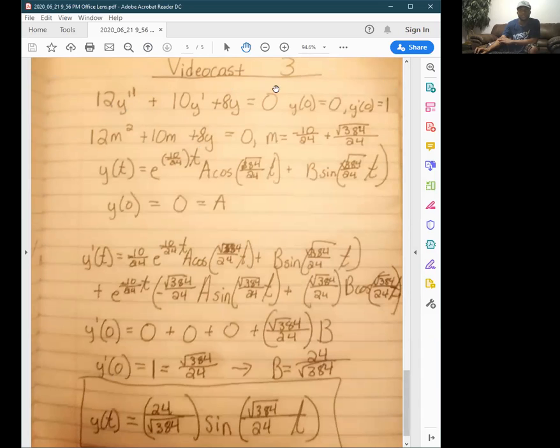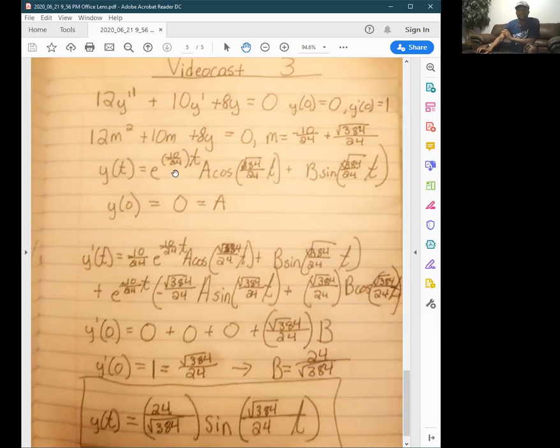These are our initial conditions. So we take that down to 12m squared plus 10m plus 8 equals 0. When you do the quadratic equation with this one, you end up getting m is equal to minus 10 over 24 plus the square root of 384 over 24. Kind of crazy. Hope it's okay.